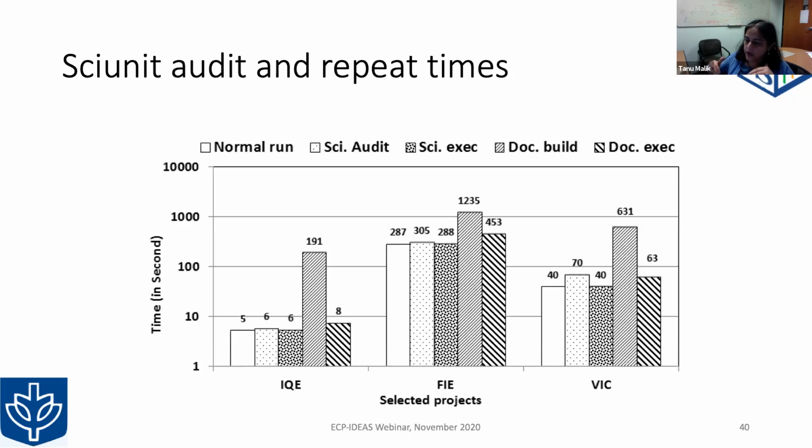Especially in the case of FIE, which is running this random forest on a large number of City of Chicago data sets, because of the layering we are having a little overhead.